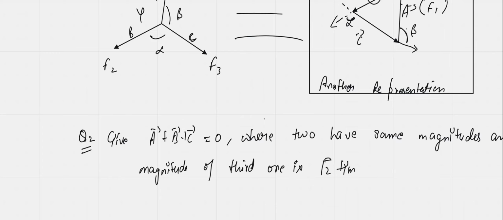Okay, not just add. When it's times, you have to multiply root 2 times either of the magnitudes. These are the given conditions you have.